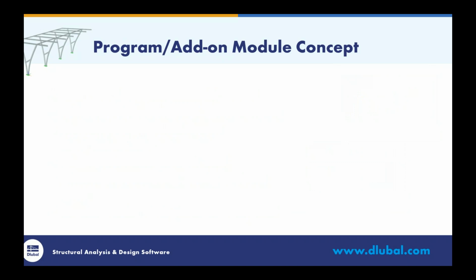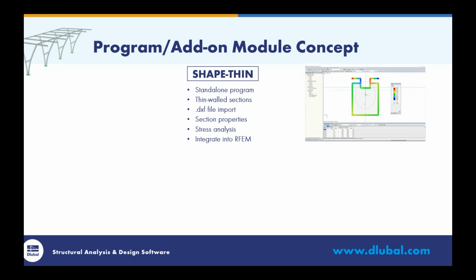So with that, I want to quickly go over the program and add-on module concept for those of you who may not be familiar with our programs. The first program is Shape Thin. This is a standalone, and it is for thin-walled sections where we can manually create these thin-walled sections directly within the program.